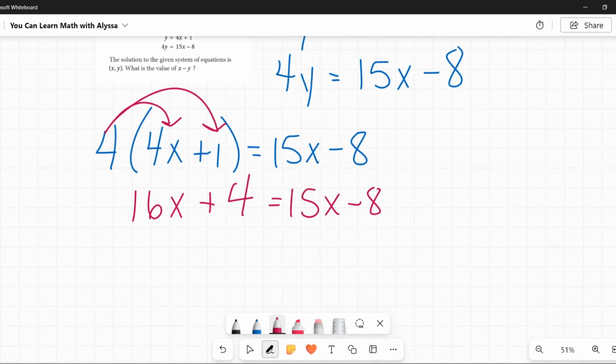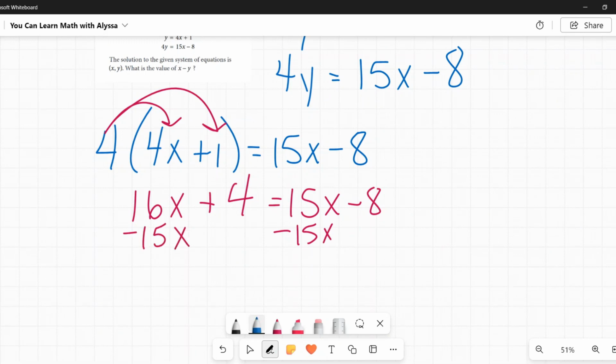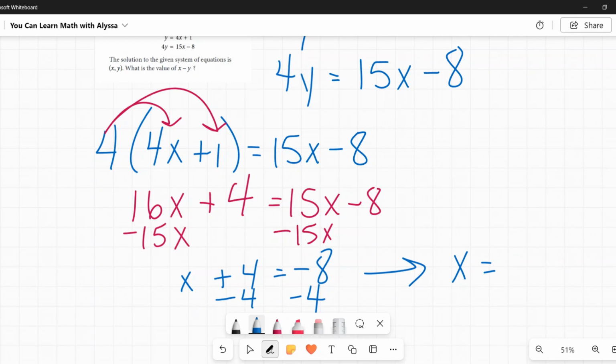Then I'm going to subtract 15x from both sides, so I have x plus 4 equals negative 8. To get rid of that plus 4, I subtract 4 from both sides, leaving x on the left, and negative 8 minus 4 is negative 12. So x is negative 12.